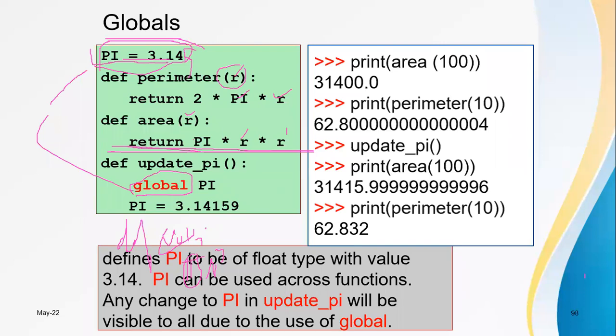Imagine that private banks like ICICI and HDFC have 9.5. They want to attract customers, so they announced 9.5. Now I can write global rate of interest R is equal to 9.5. Now I can write all the new banks. So now my rate of interest will get changed for all these privatized banks. That is how this global keyword is going to be very, very useful for us.